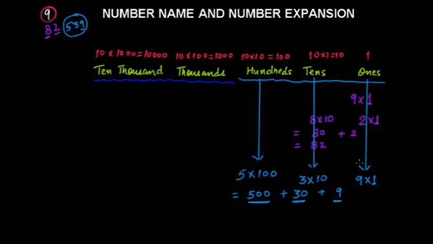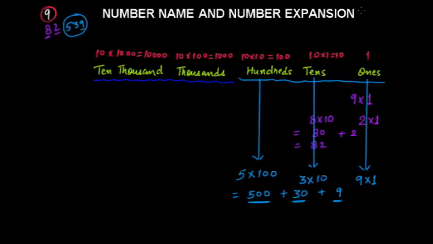Suppose you have, let me take another screen here. I'll quickly write all the places. We have ones, tens, hundreds, thousands and 10,000.